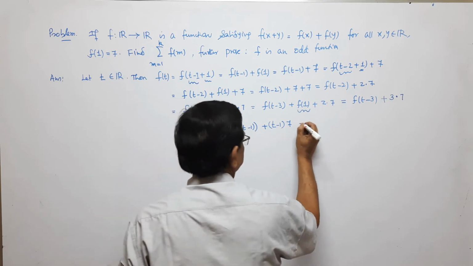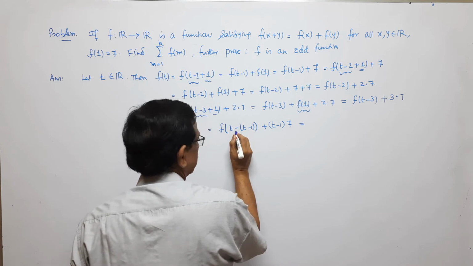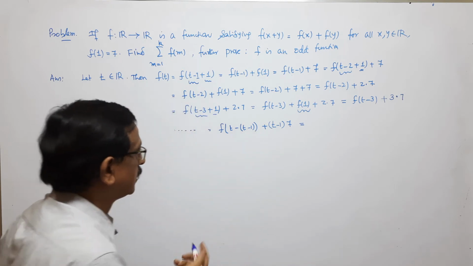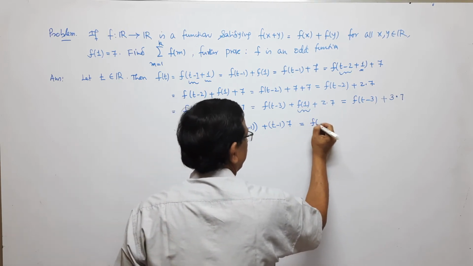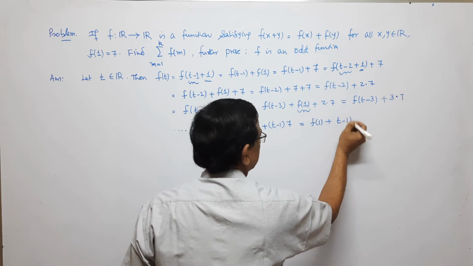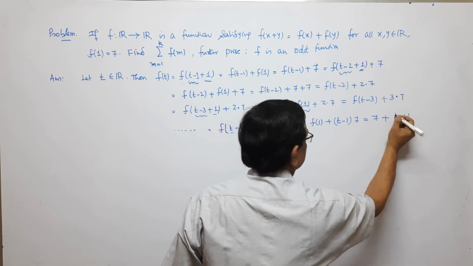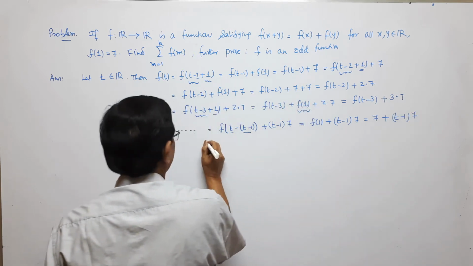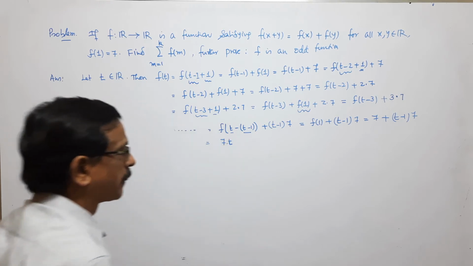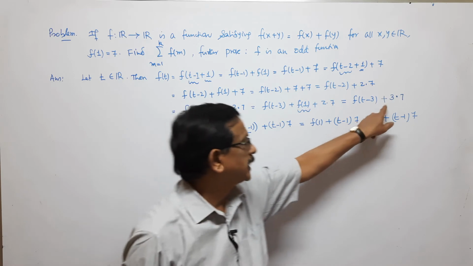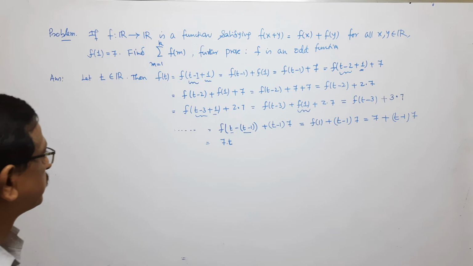This is f1, is it not? So I get f1 plus t minus 1 into 7, that is 7 plus t minus 1 into 7. So altogether I have 7 times t. So ft equals 7t.